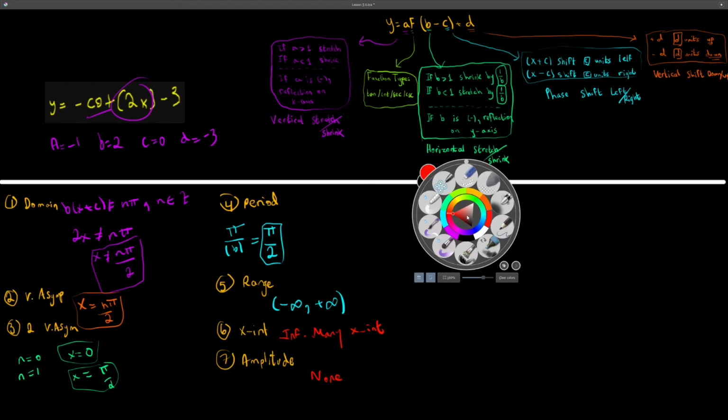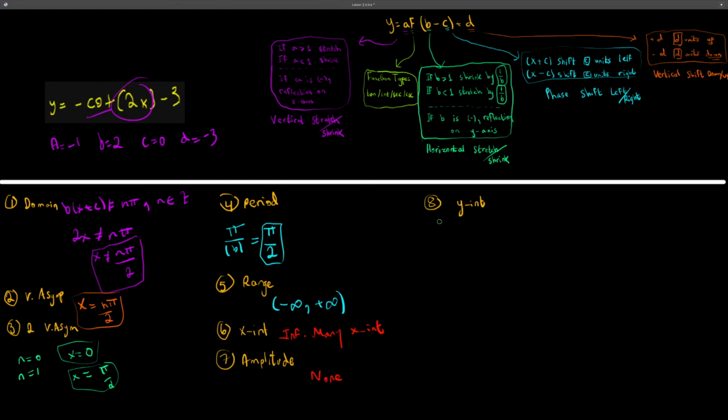Now for the y-intercept of this question, it's a little different. For the y-intercept, we substitute x for 0, so it's going to be minus cotangent of 0, minus 3. Now, when we do this, we have to switch this. Let's quickly switch this to minus 1 times 1 over tangent 0, minus 3.